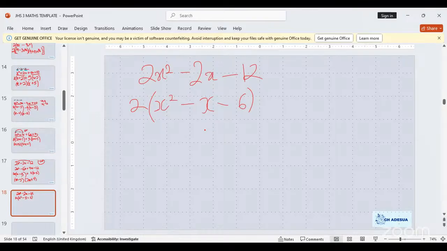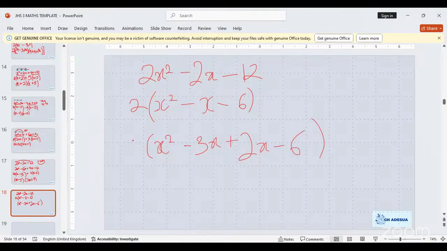-3 and +2. That means -3 plus +2 is -1, the negative x I got. And then -3 times +2 is -6, right? So you have to rewrite the statement to become x squared minus 3x plus 2x minus 6.